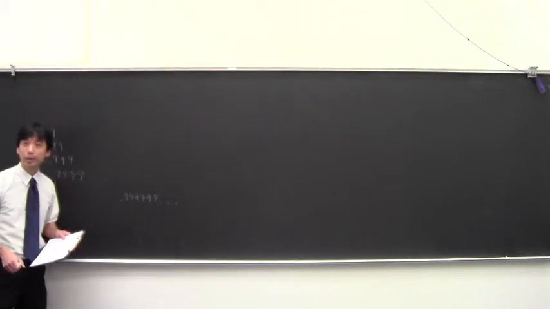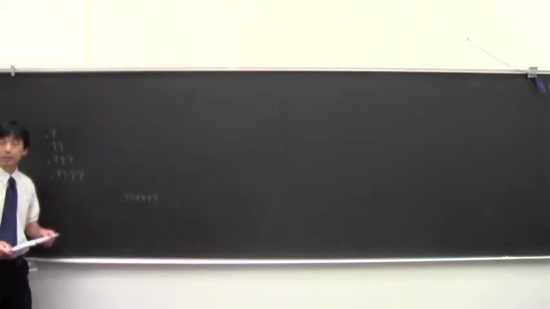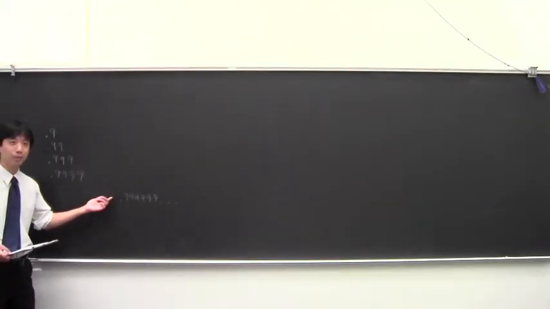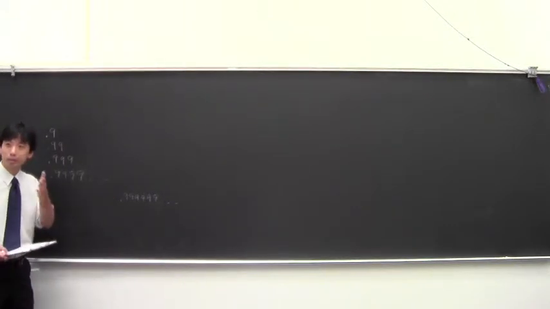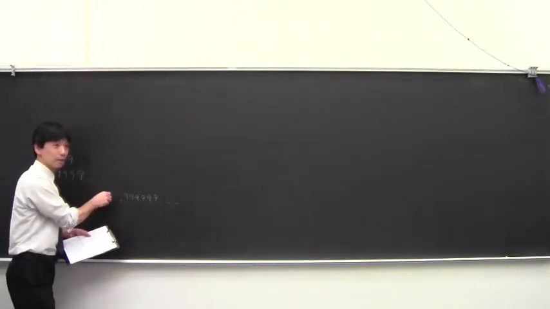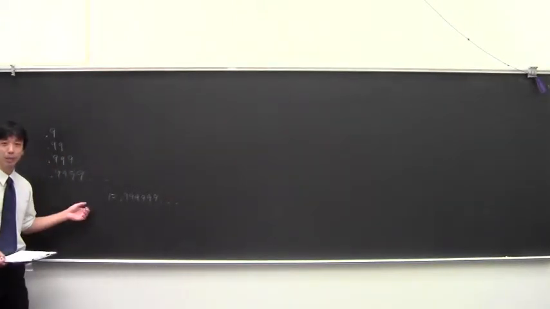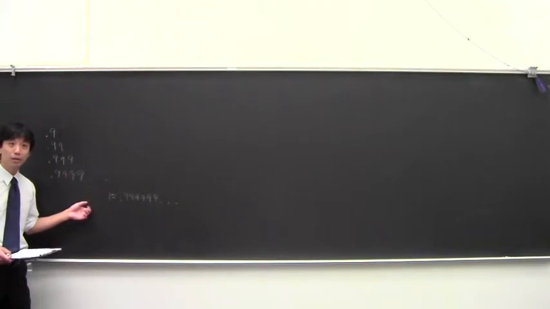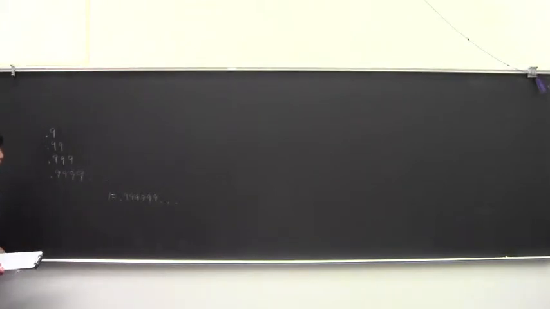What is that number? What does that number equal? Sorry? 1? Yeah, 1, right? Have you heard this before, that 1 is the same thing as 0.9999? No? Okay. There are a couple of ways to see it.